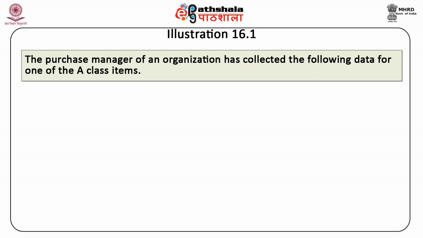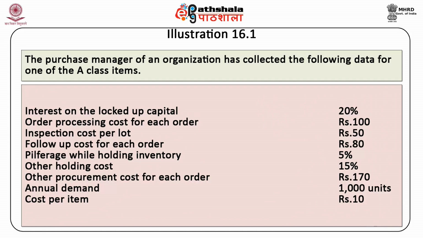The purchase manager of an organization has collected the following data for one of the A-class items. Interest on the locked up capital 20%. Order processing cost for each order rupees 100. Inspection cost per lot rupees 50. Follow-up cost for each order rupees 80.